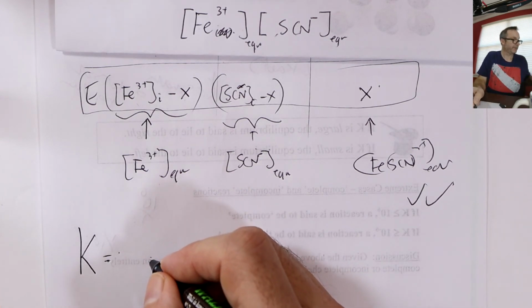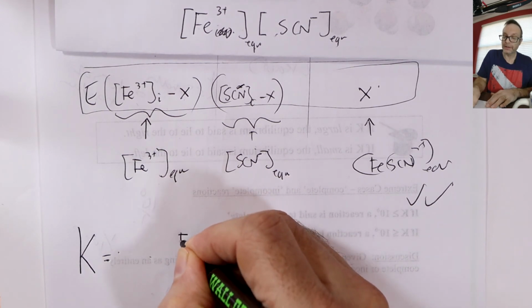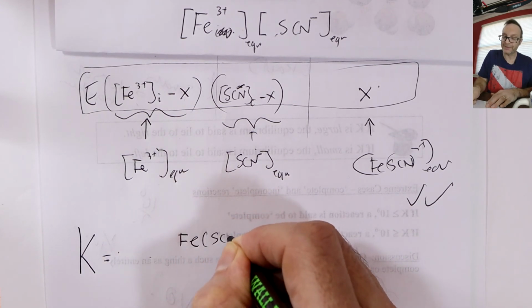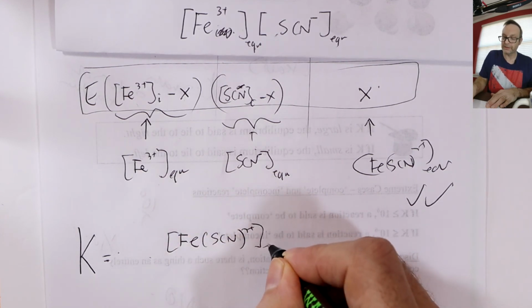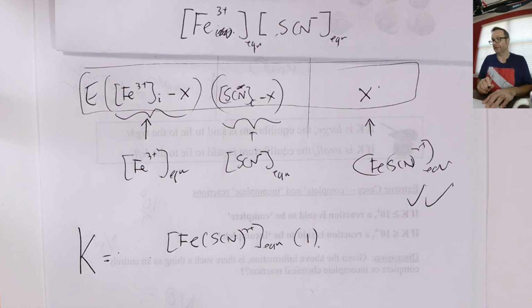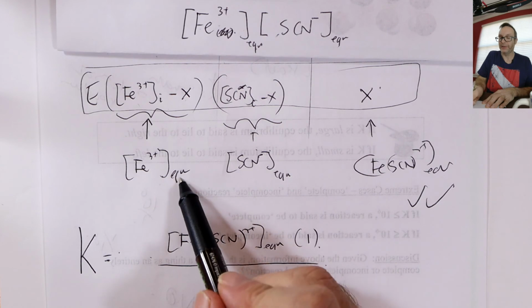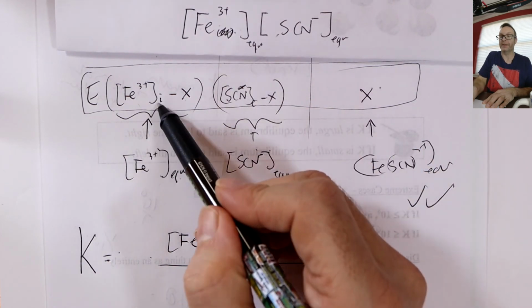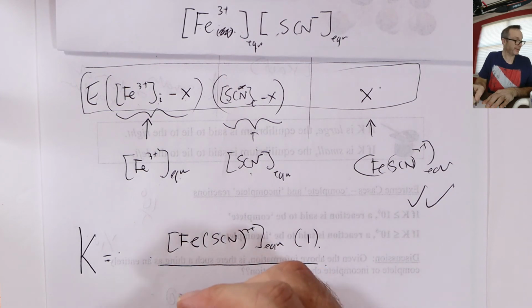K equals FeSCN2+ equilibrium. That's from equation 1, right? Divided by, and then for here, I'm going to sub this, and for here, I'm going to sub this. And these are now things you know.